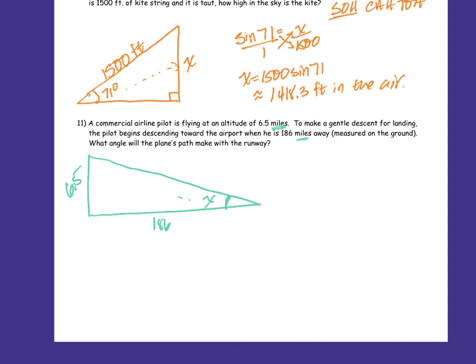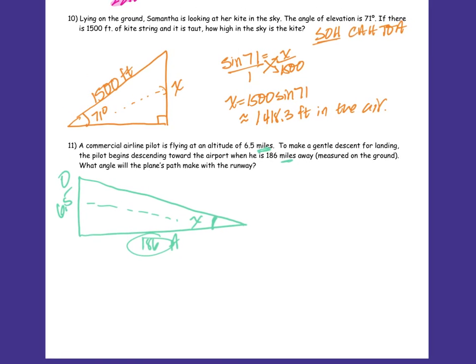So what does it give me? It gives me the opposite and the adjacent. Opposite and adjacent is TOA. So tangent of x is going to equal 6.5 over 186.